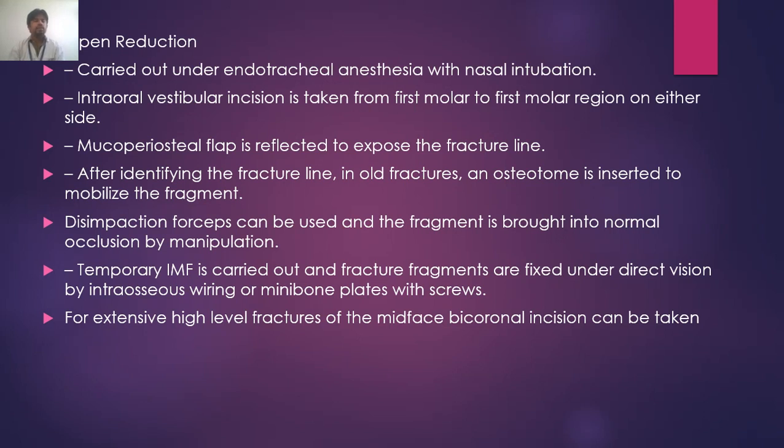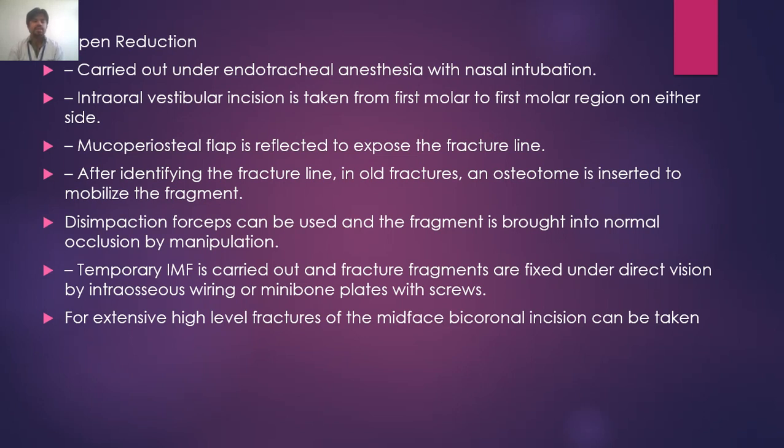Coming to open reduction, carried out under endotracheal anesthesia and nasal intubation. An intraoral vestibular incision is taken from the first molar to the second molar region, or on either side, first molar to first molar region. A mucoperiosteal flap is reflected to expose the fracture line.